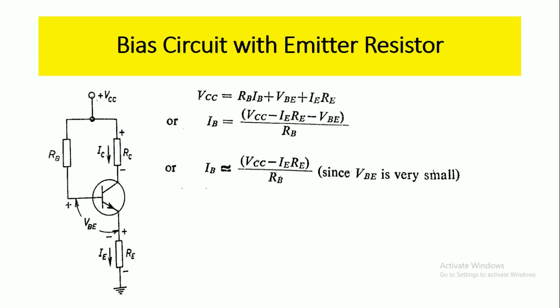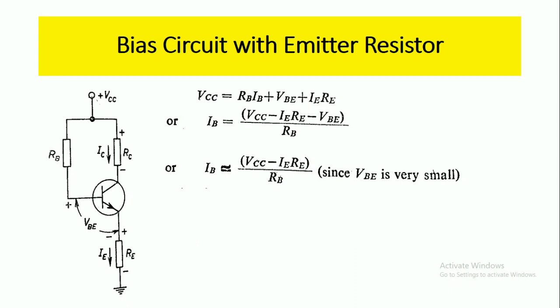To obtain a particular operating point under this condition, it will require a high DC source VCC. On the other hand, if RB is low, a separate low voltage supply has to be used in the base circuit. Both alternatives are quite impractical, so we should not use this circuit in transistor biasing.